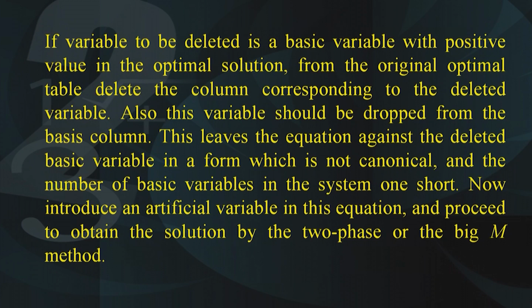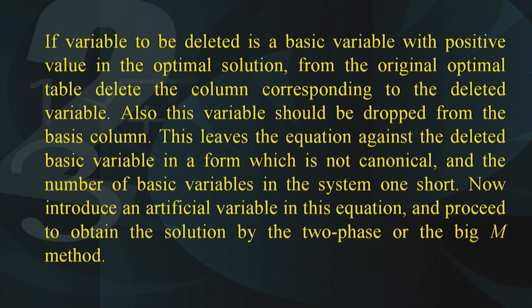Also, the variable should be dropped from the basis column. This leaves the equation against the deleted basic variable in a form which is not canonical, and the number of basic variables in the system one short, that is, one less.